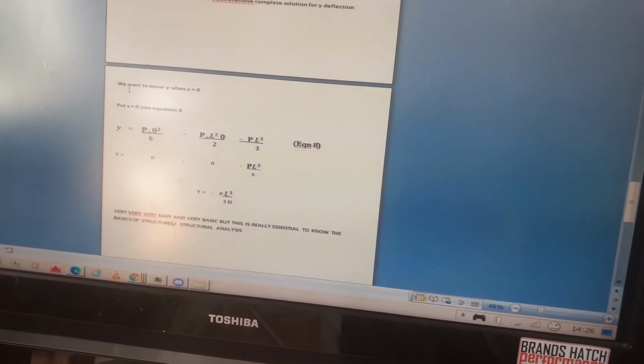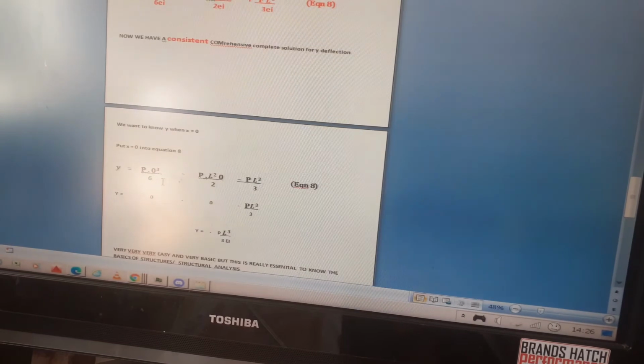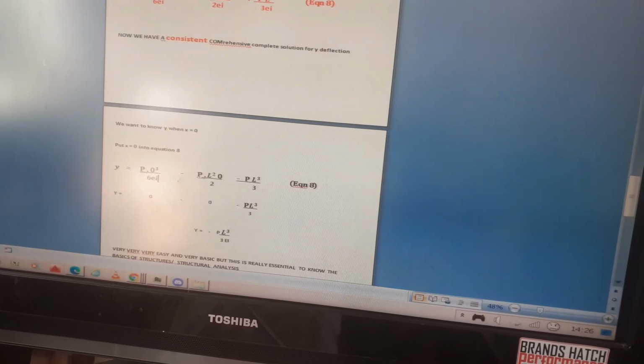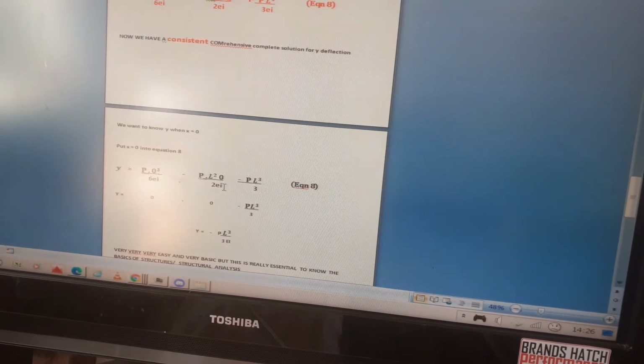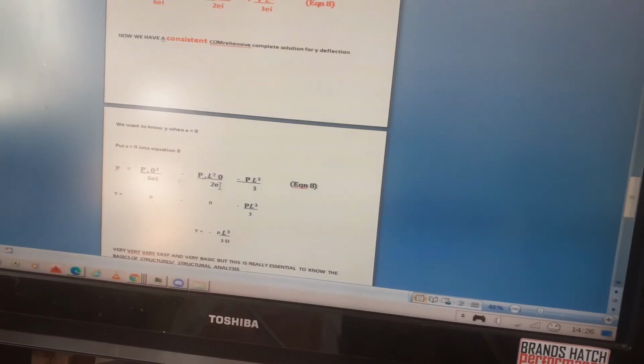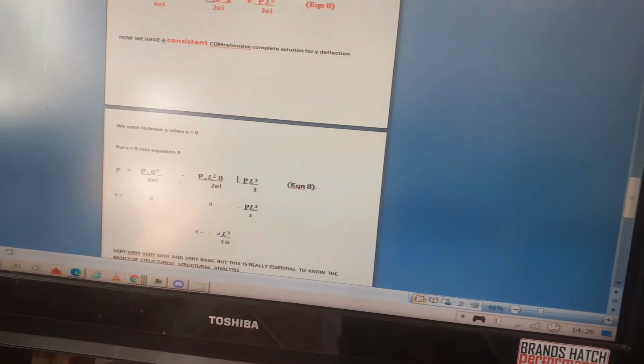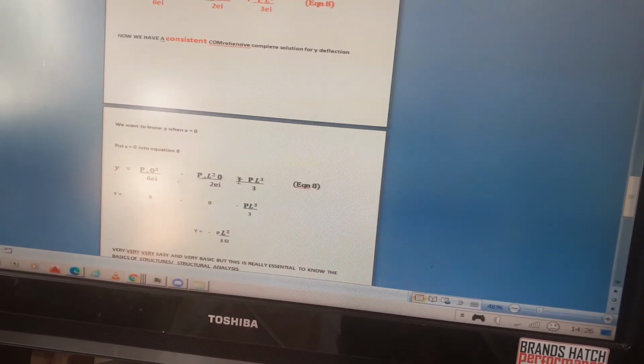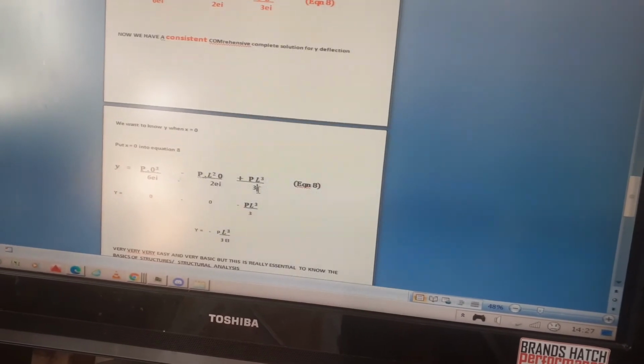So just to finish this off, we want to know y when x equals 0. Put x equals 0 into equation 8. Y equals P times 0 to the power 3 because x is now 0, so that term is 0, minus PL squared times 0, so that's 0, plus PL cubed divided by 3 EI.